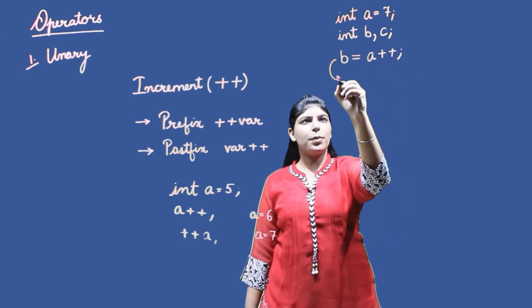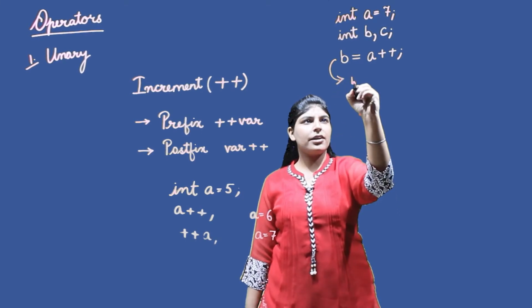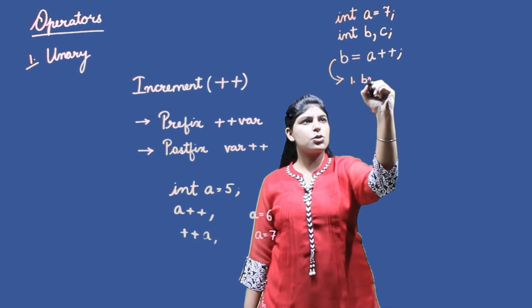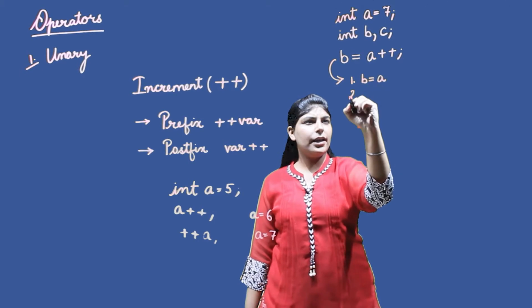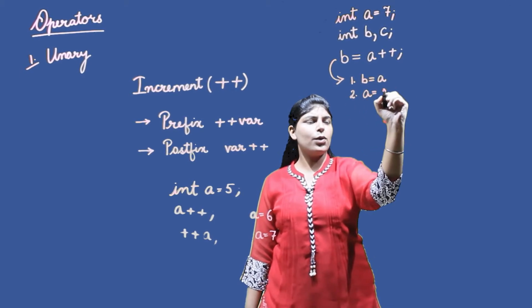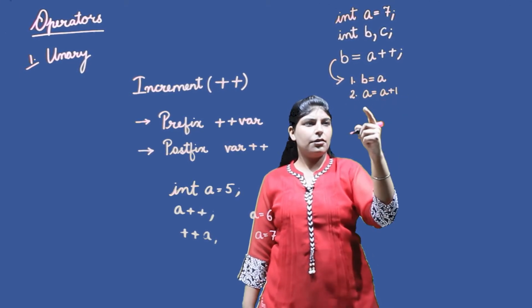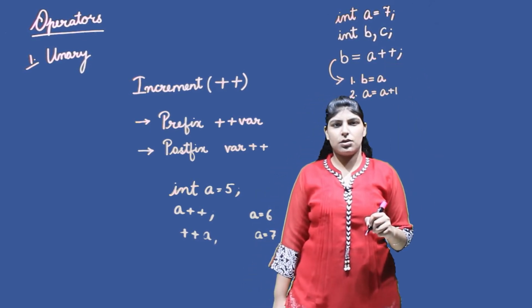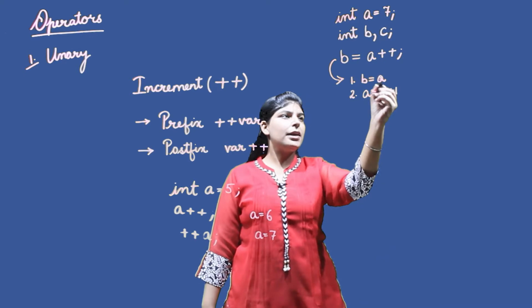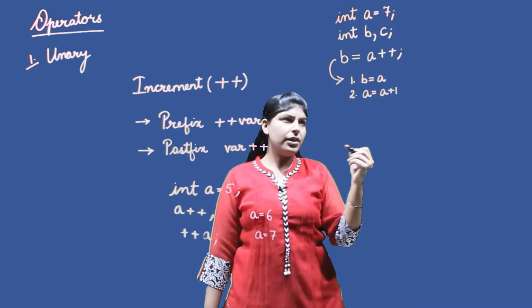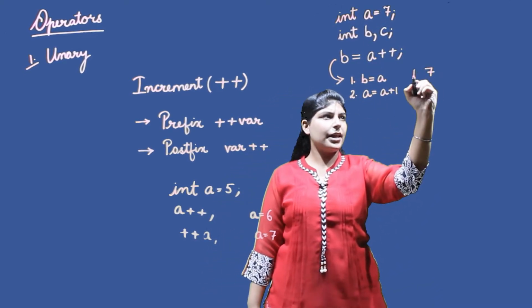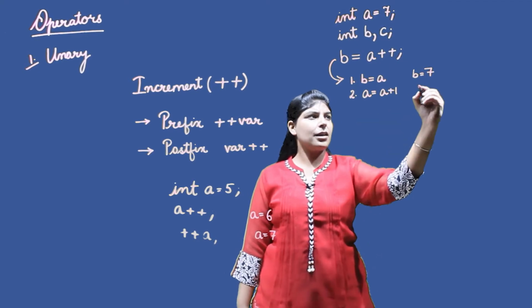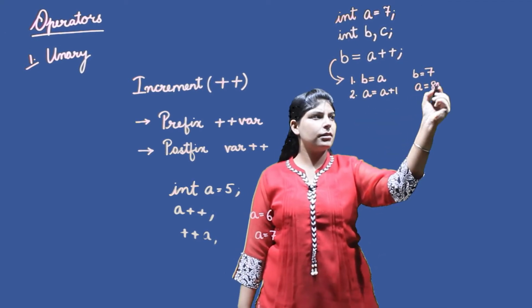So if I want to break down this step, I can write it as b is equals to a and then a is equals to a plus 1. I am incrementing a afterwards because I am using the postfix notation. So b is equals to a, a is 7, b becomes 7 in this line. Now a is incremented, a becomes 8.